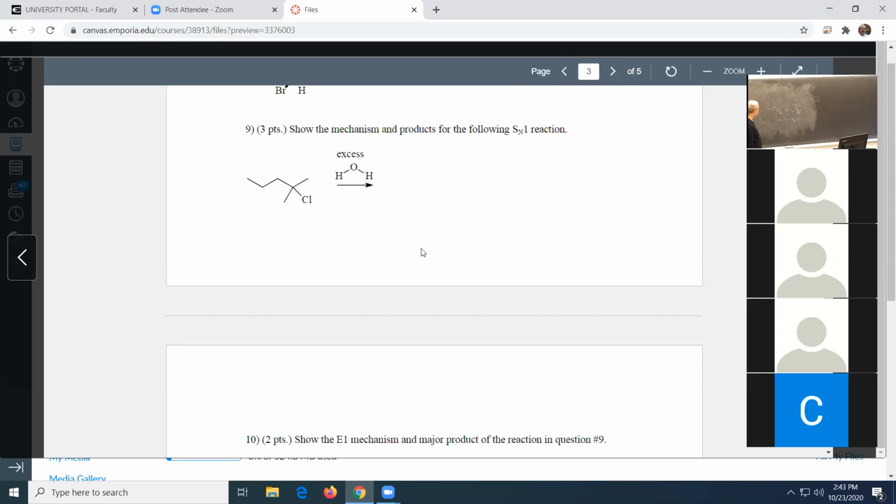Okay, partial credit if you showed a minor product, which would be this. Okay, so this is the major, this is the minor. No credit if you did an SN1 because the question specifies E1.